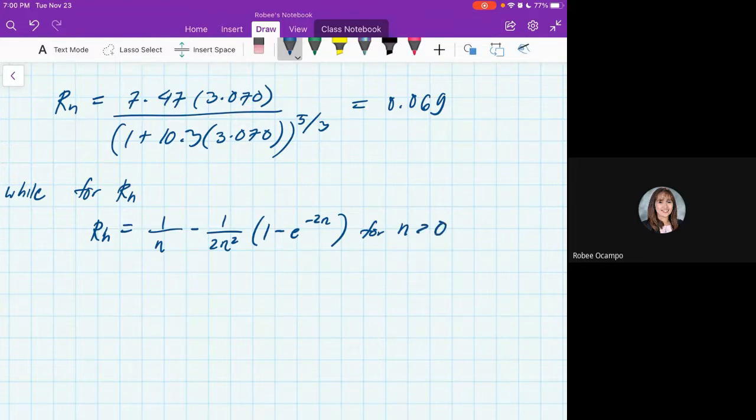Okay? Our RH is of course 1 for nu equals 0. Okay?